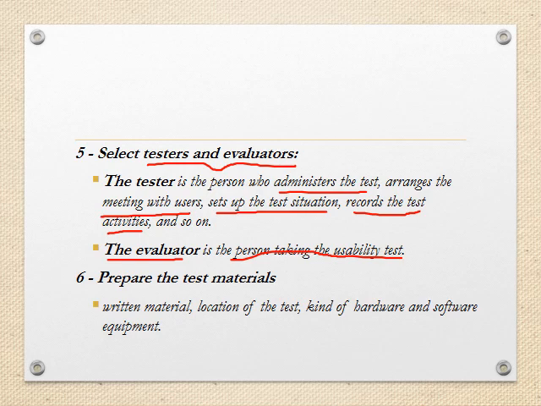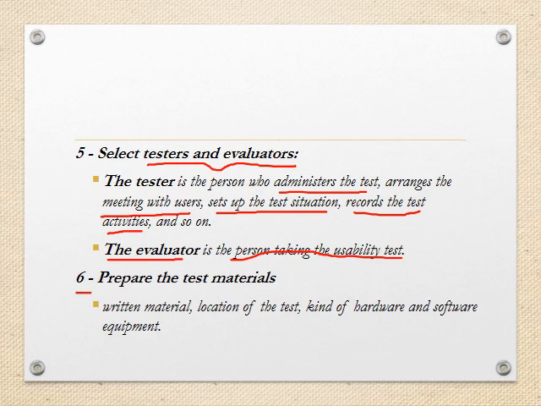The second is similar to the actual user, and we call them proxy users. They have no knowledge about the software product, but they are the same type of users as the actual user. Number three, not similar: they have no knowledge and they are a different type of users.